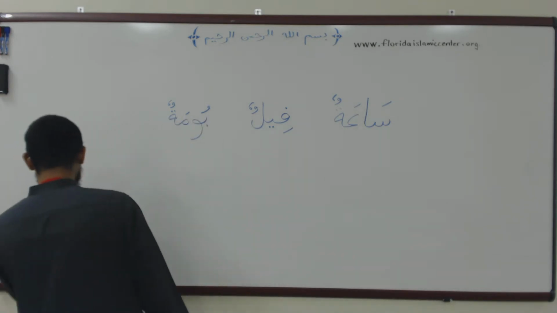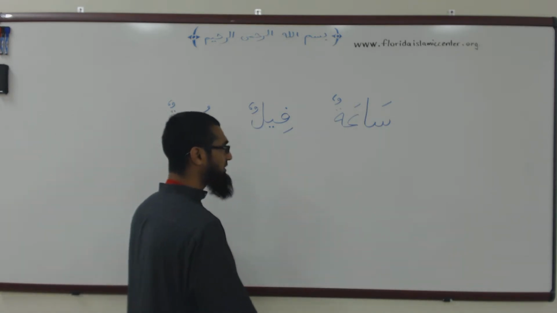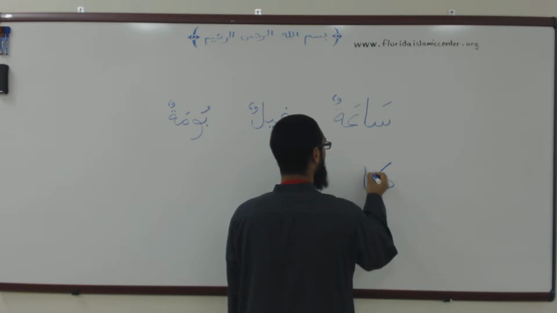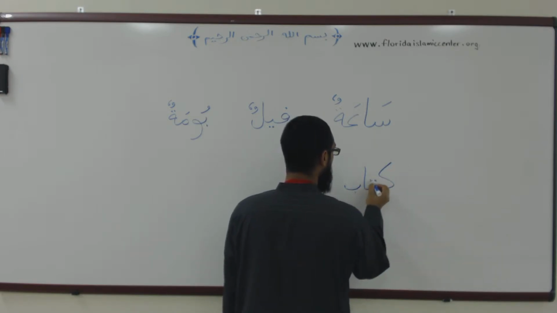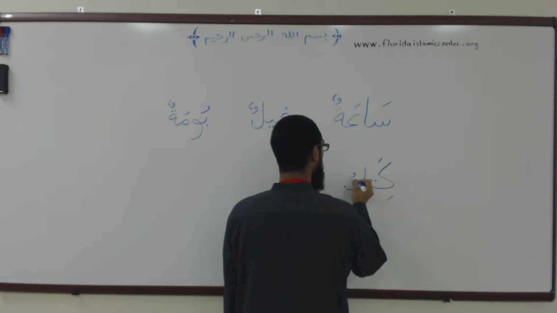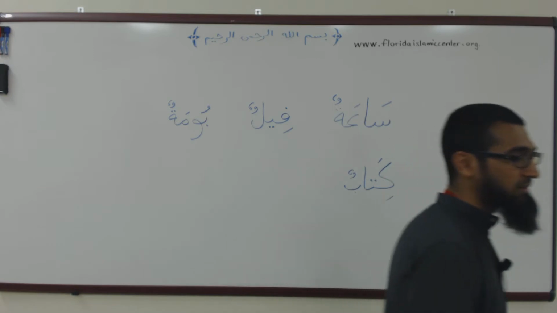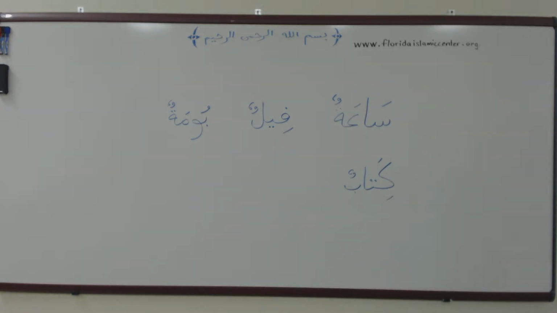Okay, we're going to have to write it out on the board. So book should look like this. Kitabun. Kitabun, book. Kitabun, book. Write the word out for whale. A whale.